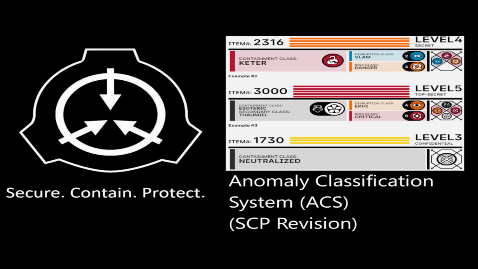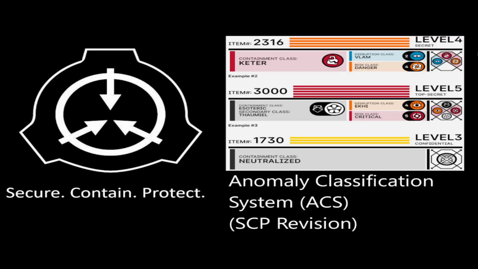Lastly, on the bottom right of the module, you will see a new symbol that provides an at-a-glance view of the 4 primary information sections within this new system: Containment Class, Esoteric Class if applicable, Disruption Class, and Risk Class.